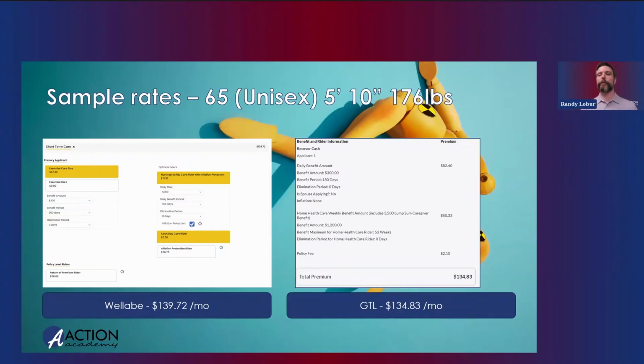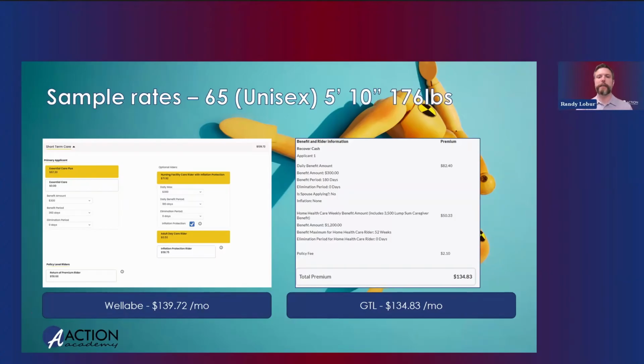So again, generally speaking, and I ran the rates at a variety of different ages and builds here, they're within a few dollars of each other. If you're already spending $130 a month, that $5 may not make much of a difference to your beneficiary, but generally GTL rates out a few dollars lower than Wellaby will.